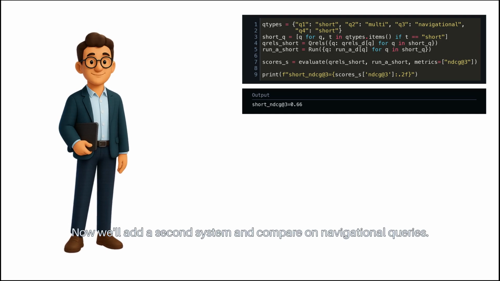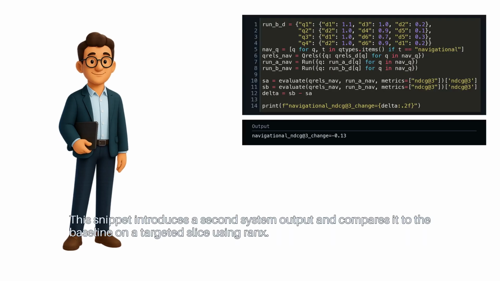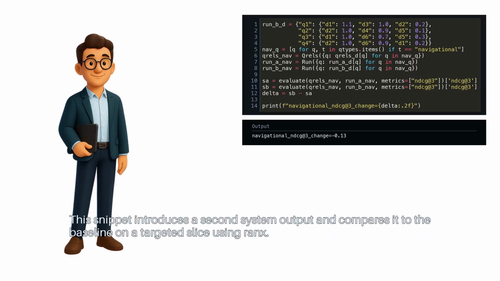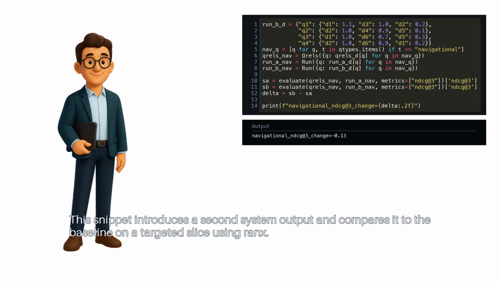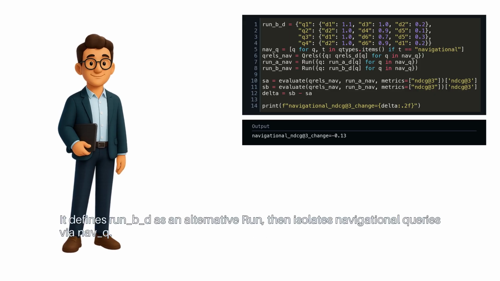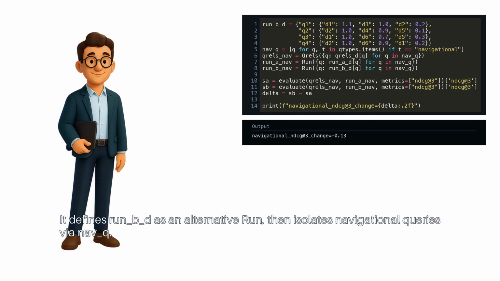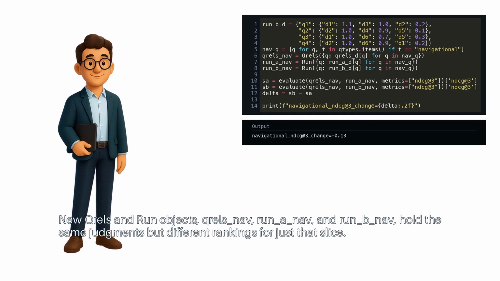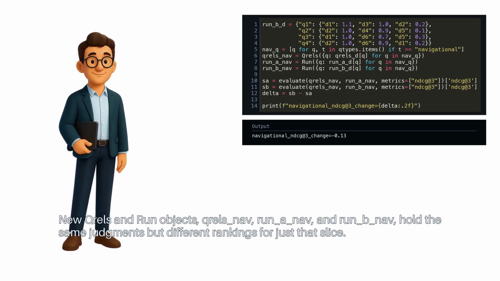Now we'll add a second system and compare on navigational queries. This snippet introduces a second system output and compares it to the baseline on a targeted slice using ranx. It defines run_B_d as an alternative run, then isolates navigational queries via nav_q. New qrels and run objects, qrels_nav, run_A_nav, and run_B_nav, hold the same judgments but different rankings for just that slice.